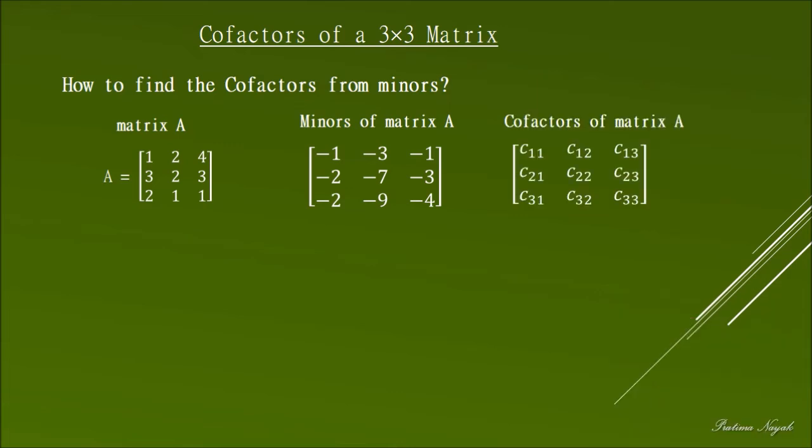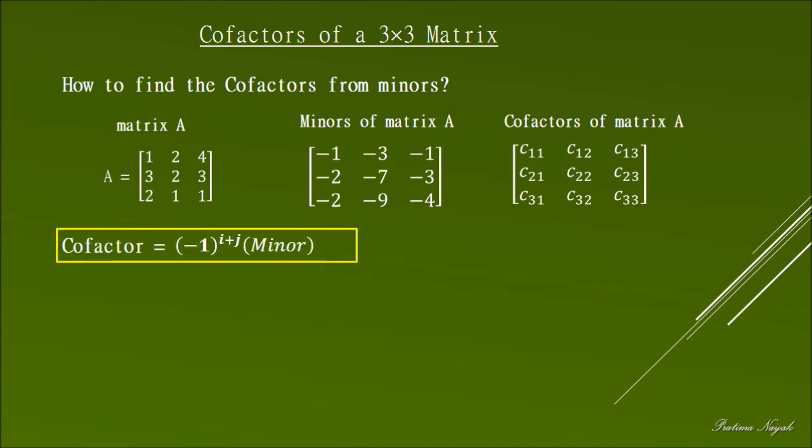So we'll make a matrix of cofactors. Cofactor is equal to minus 1 raised to the power i plus j multiplied by the minor, where i is the row number and j is the column number.